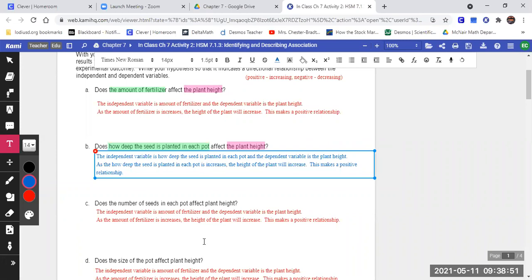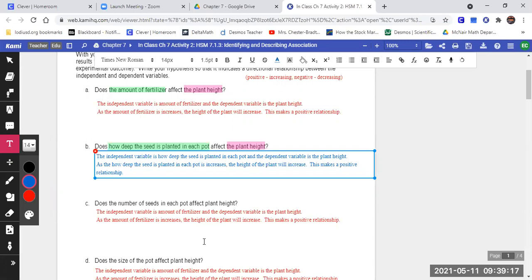If we plant the plant 4 inches deep versus 2 inches deep, do we think that deeper is going to make it grow taller, or do we think that deeper is going to make it stay small? What do you think? This is completely a hypothesis. We haven't figured out if it's true or false.